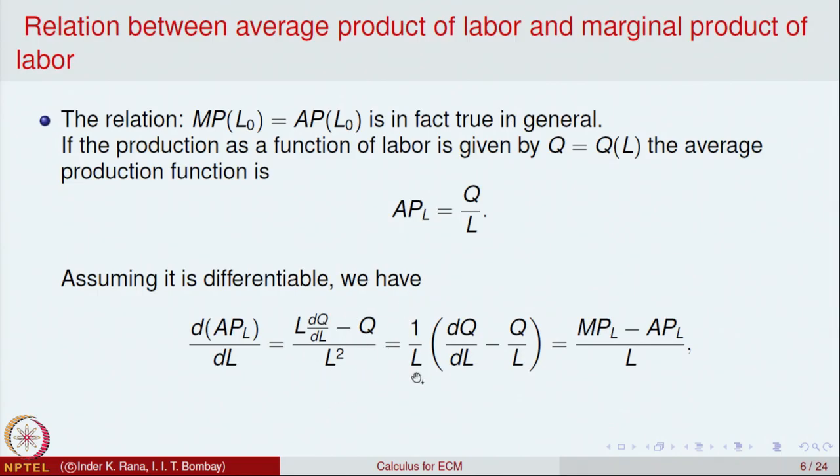If we take 1/L out common, what we get inside is dQ/dL minus Q/L. Here dQ/dL is the marginal product, and Q/L is the average. So, this is (MPL minus APL) divided by L.